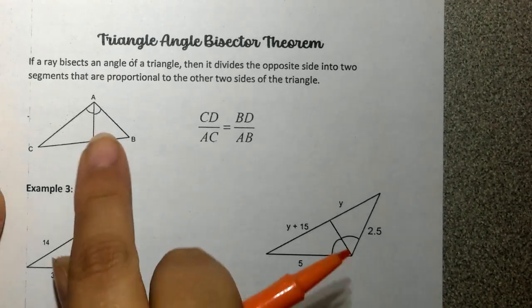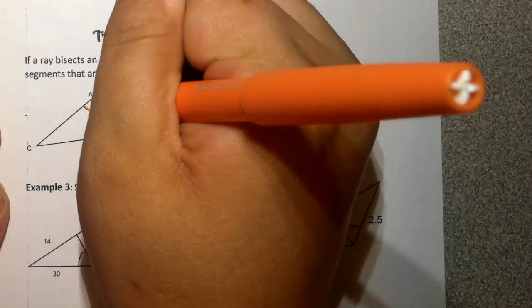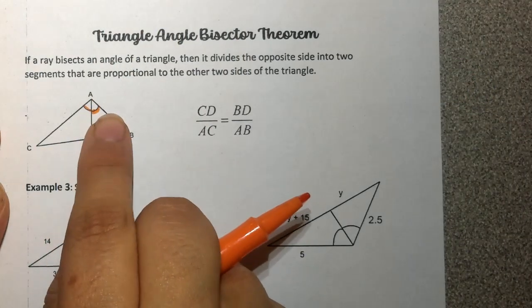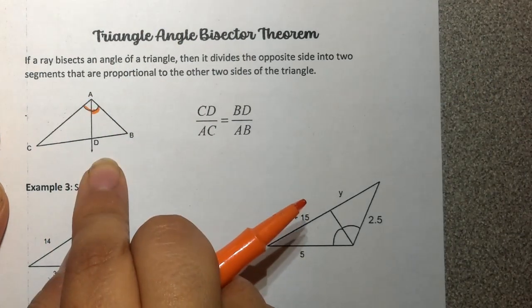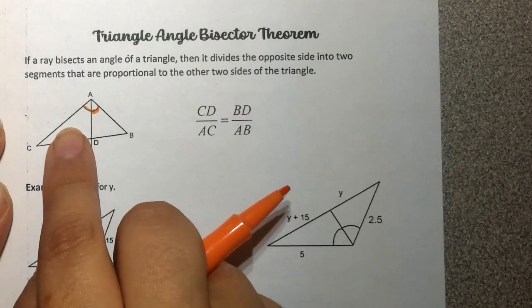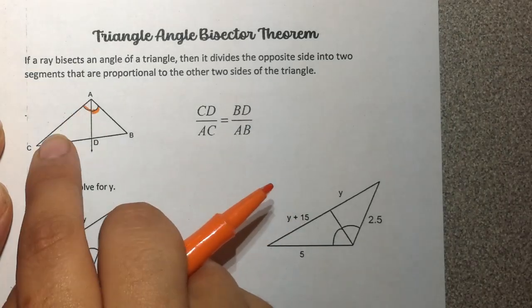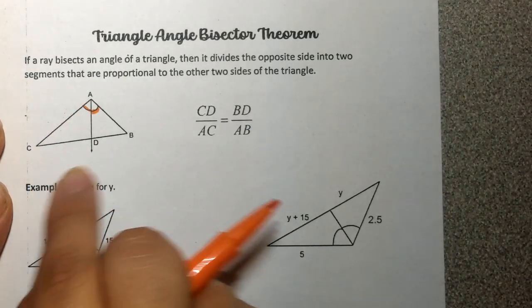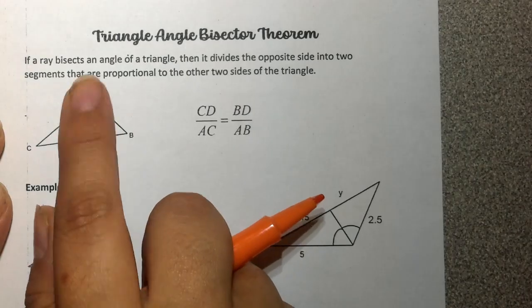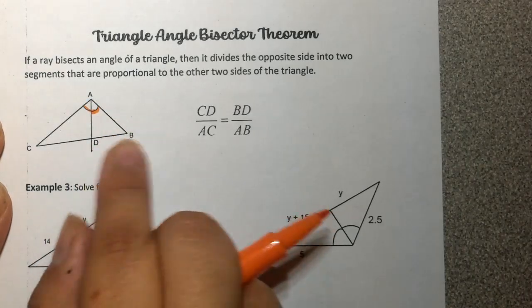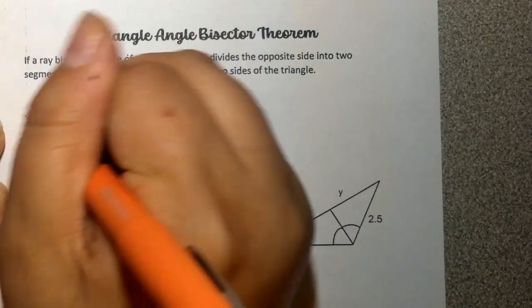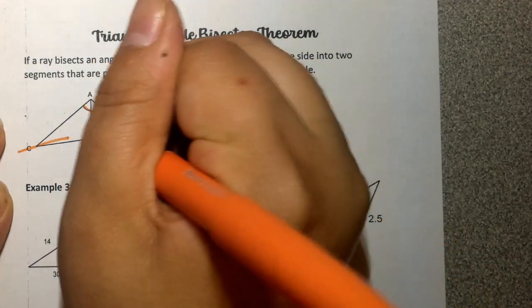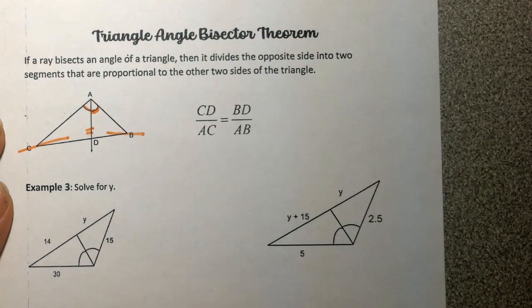What this is saying is, if you have an angle bisector, do y'all agree I have two angles that are the same? So it's bisected. Then the top side on the left divided by the bottom side on the left is equal to the top side on the right divided by the bottom side on the right. So I can just put a divided by equals divided by sign and set up a proportion. They are proportional.